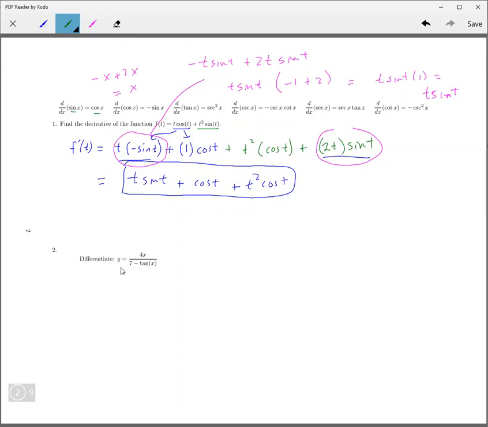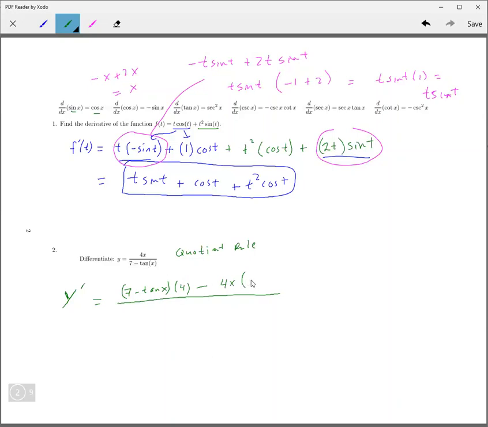We want to differentiate this. And we can use the quotient rule. So y prime is, by the quotient rule, low, so the bottom one, times the derivative of the high, or the derivative of the top one, which is 4, minus the top one times the derivative of the bottom one.